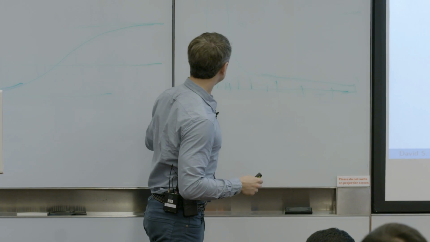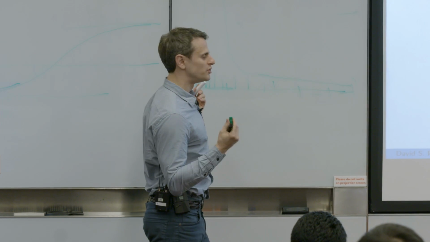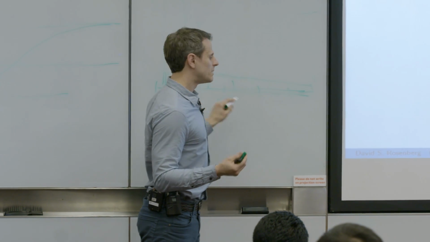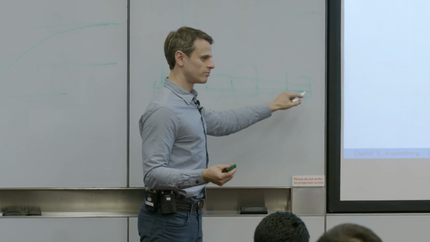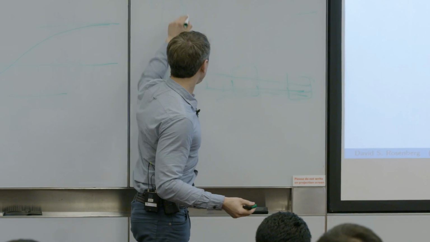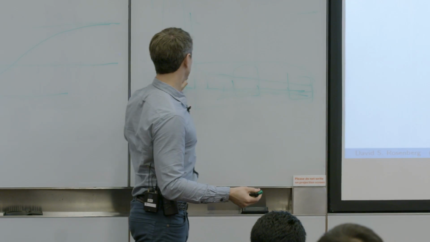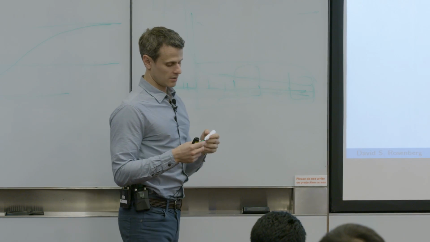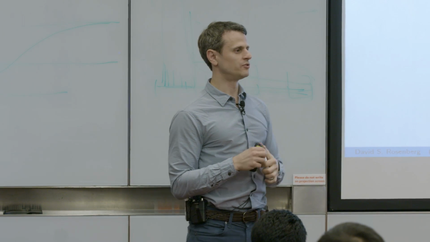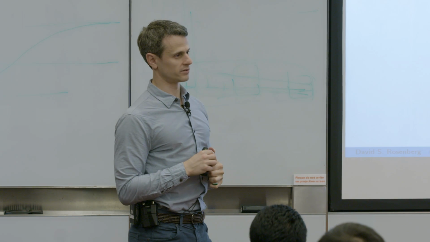Maybe all your data is here, but maybe all the interesting predictive power is here. And maybe it really matters if you're here or here. And in that case, it would make sense to break this up. But if all of these are outliers and almost irrelevant, group them. And maybe all the interesting stuff is happening here. So if you don't know the right approach, you have to try different approaches.